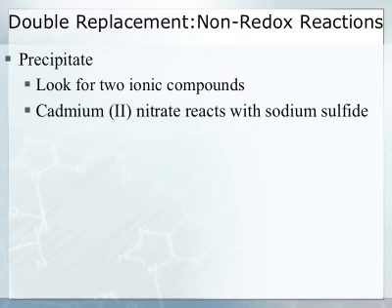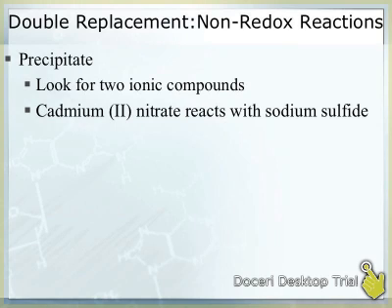So we're dealing with cadmium 2 nitrate, and it's going to react with sodium sulfide. Before we can balance this equation, before we can figure out if they can be replacing, we first need to write out our reactants, write out our products, and write an equation.